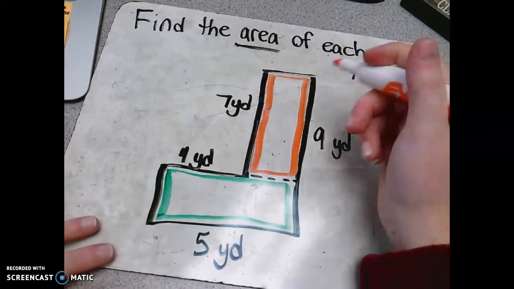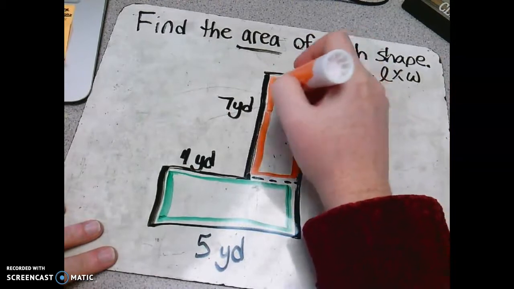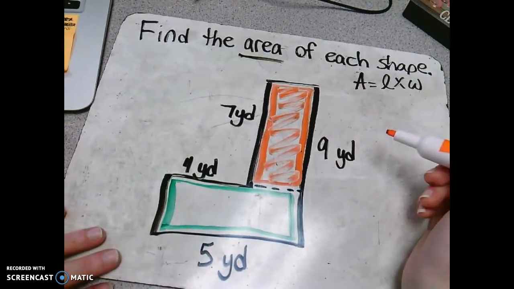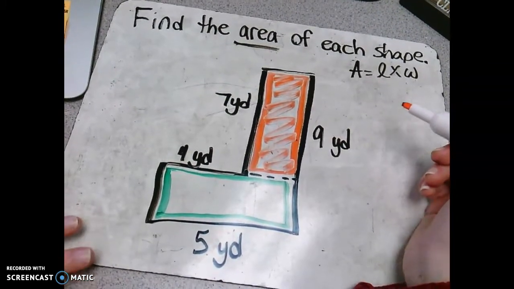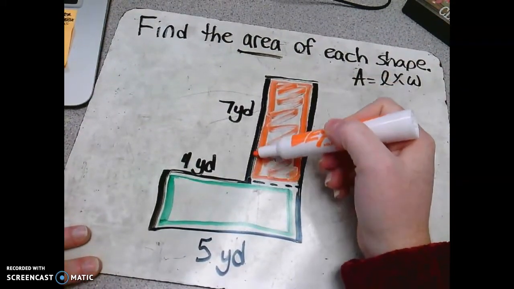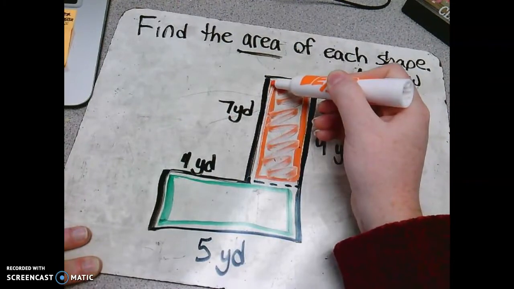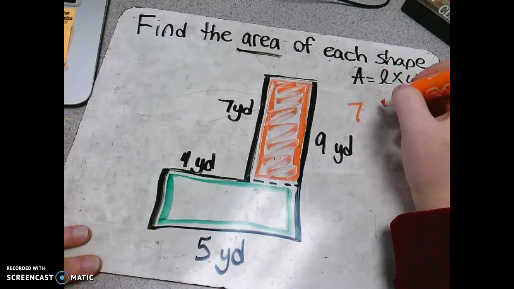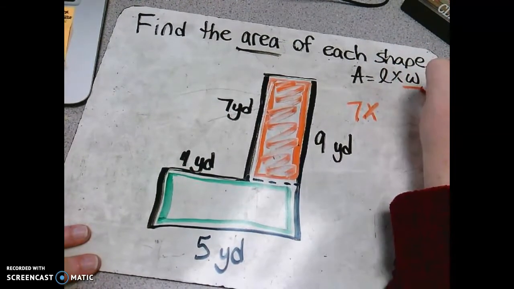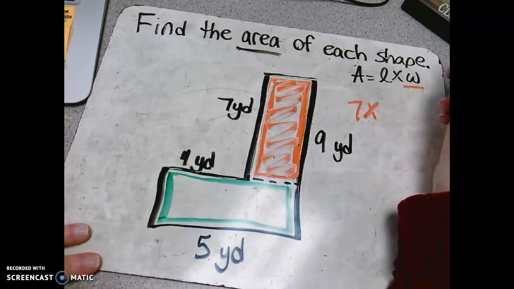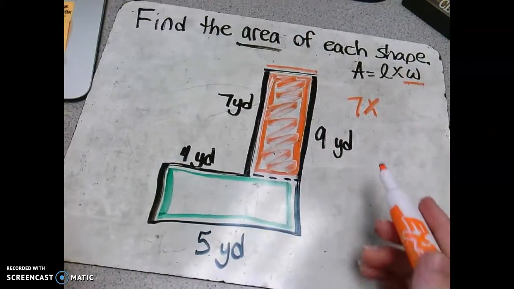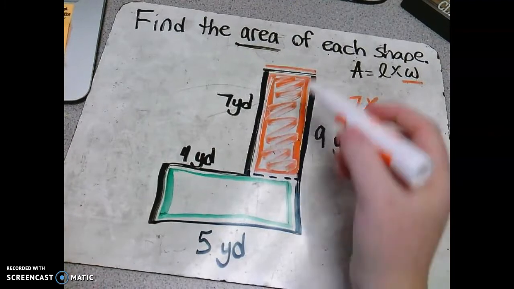So if I were to find the area of this orange rectangle first, we need to have 2 side lengths, okay? We already know one side. This full length right here is 7 yards. We just need to find the width, okay? The width is missing. Now, kind of look down here.